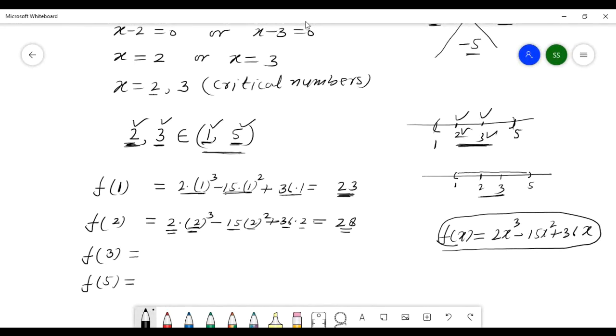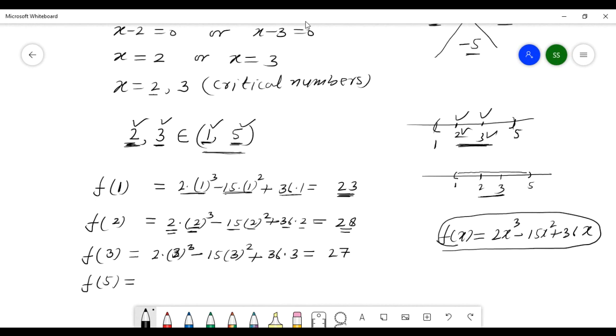Now f of 3, that is 2 times 3 to the power 3, minus 15 times 3 to the power 2, plus 36 times 3. When you solve you will get 27.